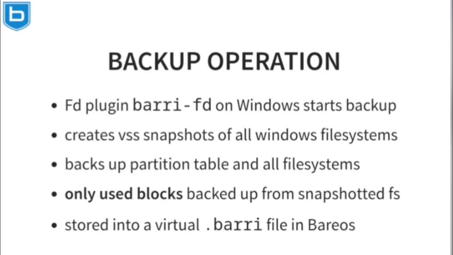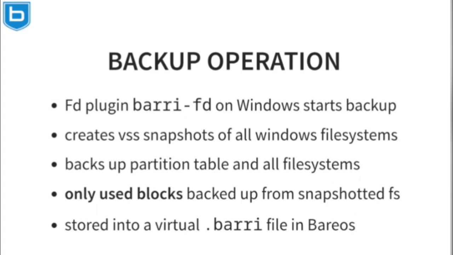The usual way that this will be implemented is that on a regular basis, you run a backup of this machine as a disaster recovery image, and it will create a VSS snapshot of all Windows file systems. It will back up the partition table and all file systems that Windows is currently using. The good thing is that it really will also only back up used blocks of the existing disks and not just create a full image like other tools do.